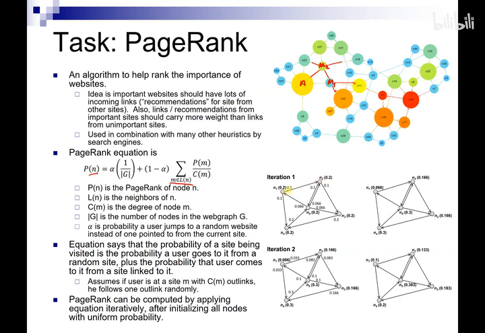This is equal to the probability I'm at this node divided by my number of neighbors, so basically this term over here. For example, this guy has a 0.2 probability of being at N1, and he's got 2 neighbors, so there's a 0.1 probability he's going to go to N2, and also a 0.1 probability he's going to go to N4.